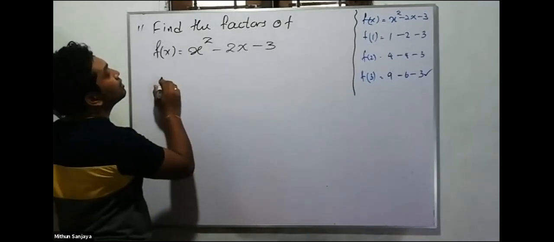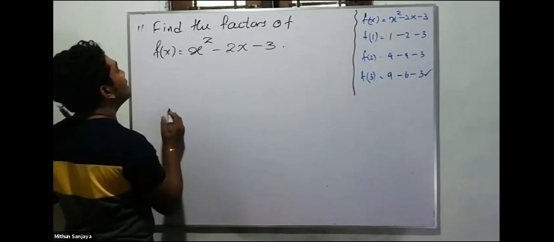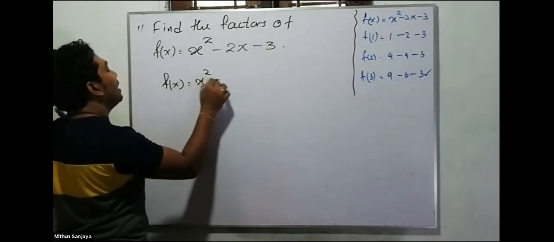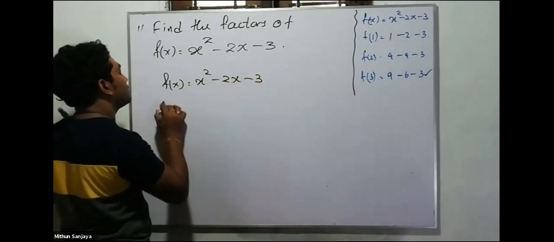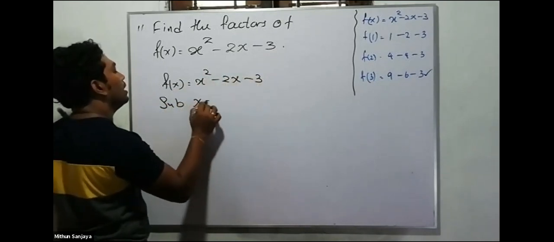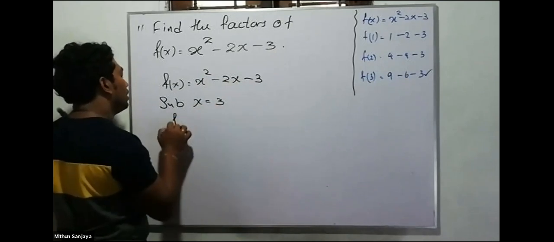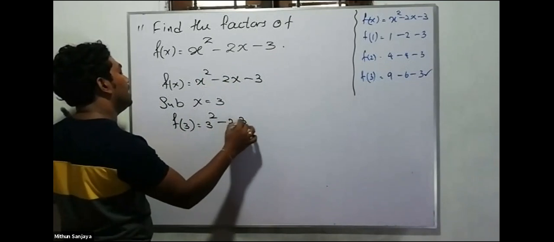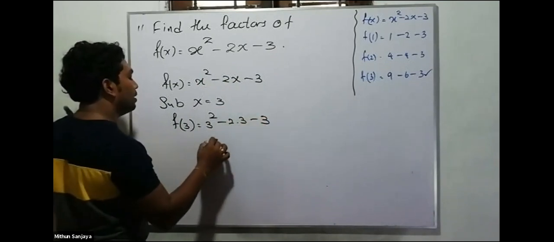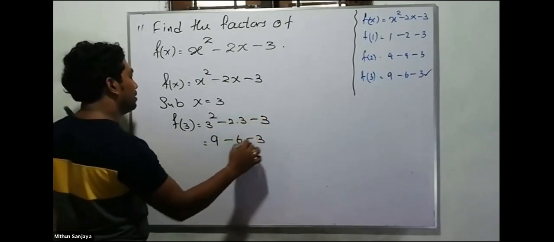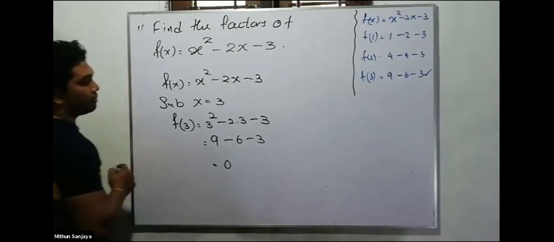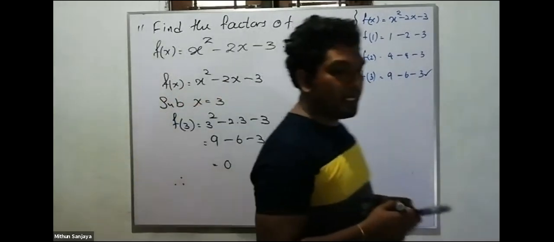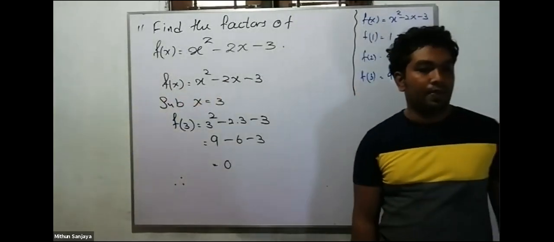Then we substitute this answer. We write x squared minus 2x minus 3. Substitute x equals 3: 3 squared minus 2 times 3 minus 3, 9 minus 6 minus 3 equals 0. Therefore, f(3) becomes 0.